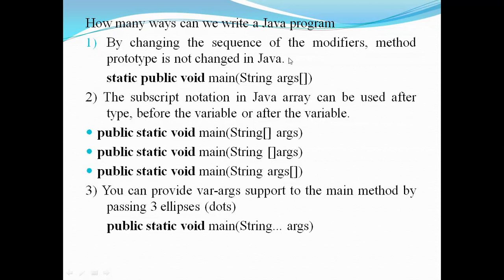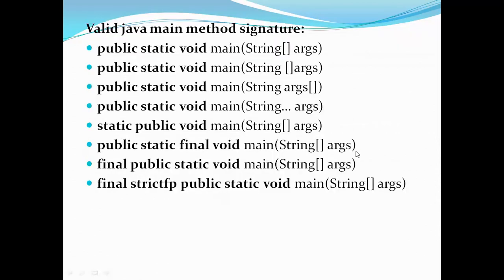These are the ways you can write a Java program, and these are the valid Java main method signatures. So how many are there? Eight ways are there. So these are the eight ways where the Java main method signature is valid.